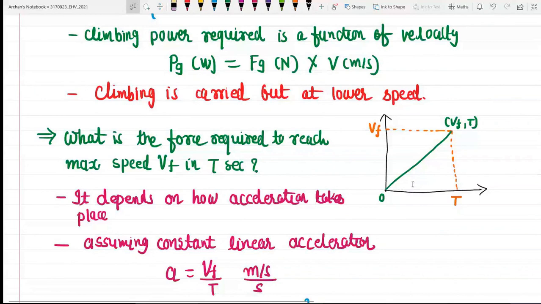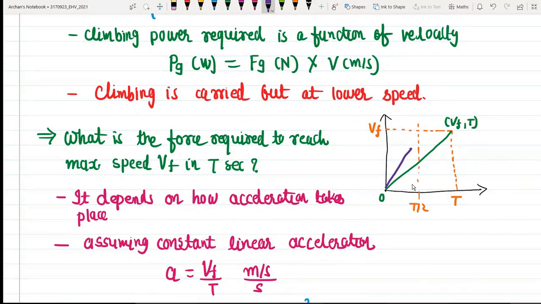To reach the maximum speed Vf in time t seconds, now initially I will accelerate more and then slowly I will decrease my acceleration. Let us see what happens to the power requirement in this case. I am accelerating more initially like this, for say first half, t by 2 seconds.